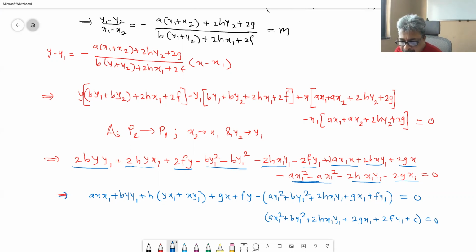So what you have subtracted unnecessarily here is gx1, which we need to add, and therefore we get axx1 plus byy1 plus h into yx1 plus xy1, that is these are the terms, plus g into already x we have, and now you have unnecessarily subtracted gx1 once again, therefore we need to add, we have unnecessarily subtracted fy1 again, therefore we need to add f into y plus y1, and you unnecessarily subtracted c, which we need to add.